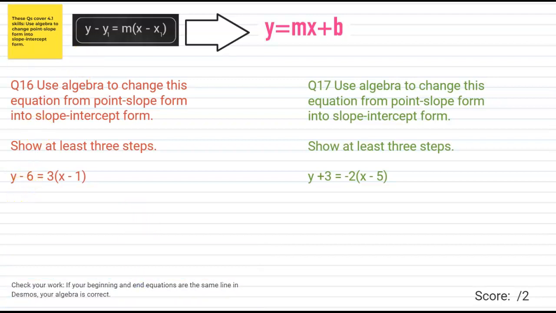On this first equation, what I'm going to do first is get y by itself, because see how y is by itself here? So to isolate y, I'm going to add 6 onto both sides of the equal sign.